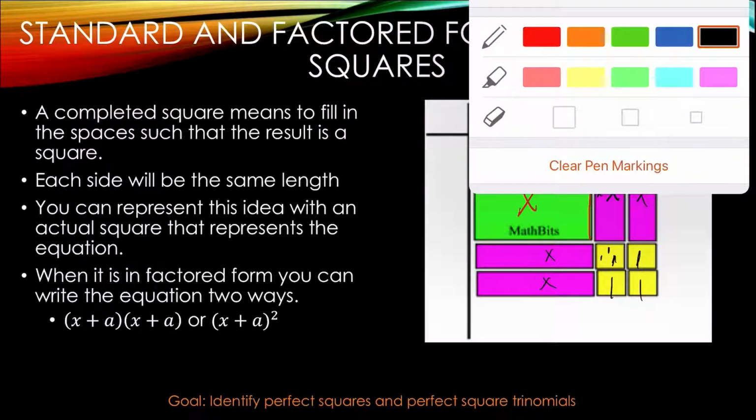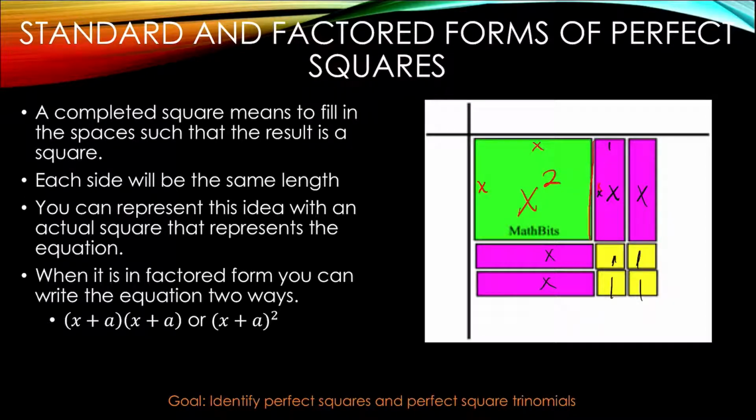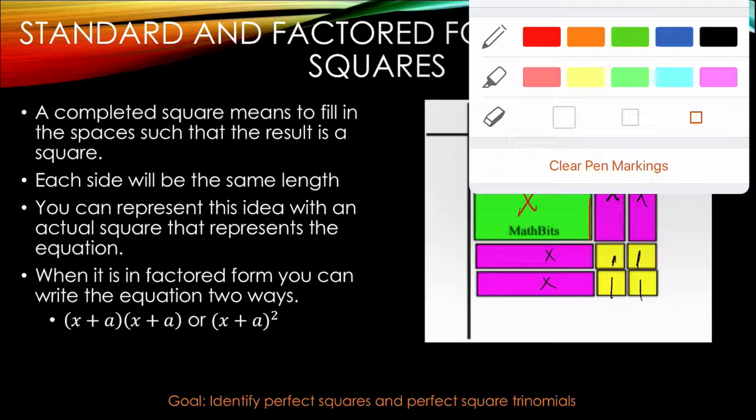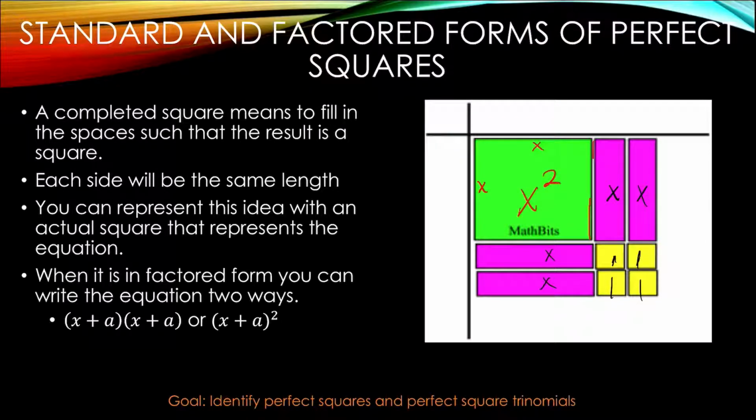I'm going to clean some of this up a little bit. Okay, so if I look at this total diagram, I have an x plus 2 as the length on that upper side, and then if I come down the left here, x plus 2 would be my width.